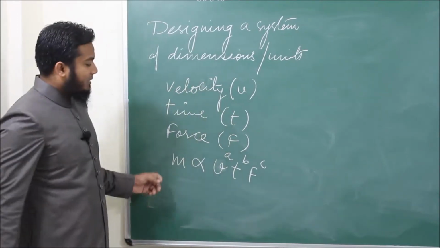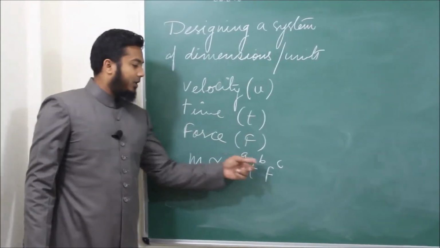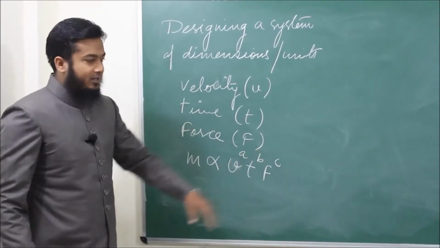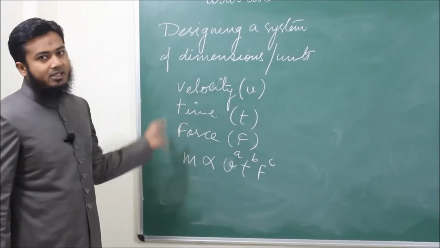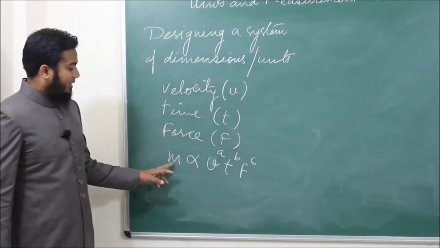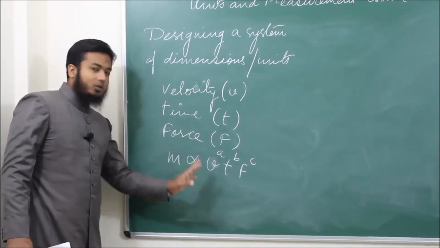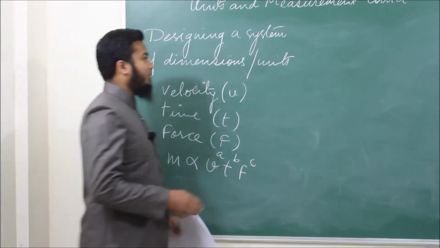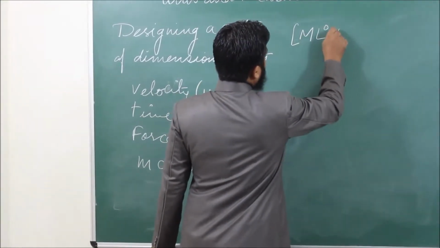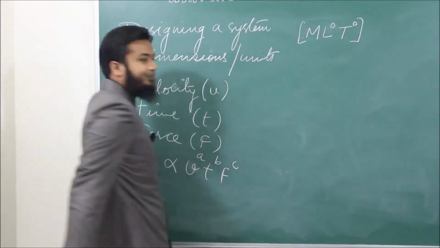Now, the dimensional consistency will allow us to calculate the values of A, B, and C. So if this formula is dimensionally consistent, then dimensions on the left hand side and right hand side must be the same. On the left hand side, we have just mass. All the other quantities L and T are absent. So on the right hand side, I can write M, L 0, and T is also 0.